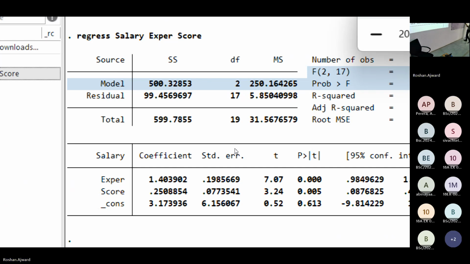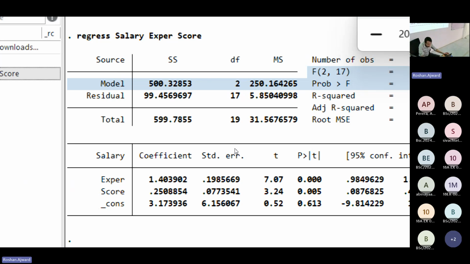3.174. Alpha value is also given. Alpha is 3.17 plus 1.404 experience, and that's it.